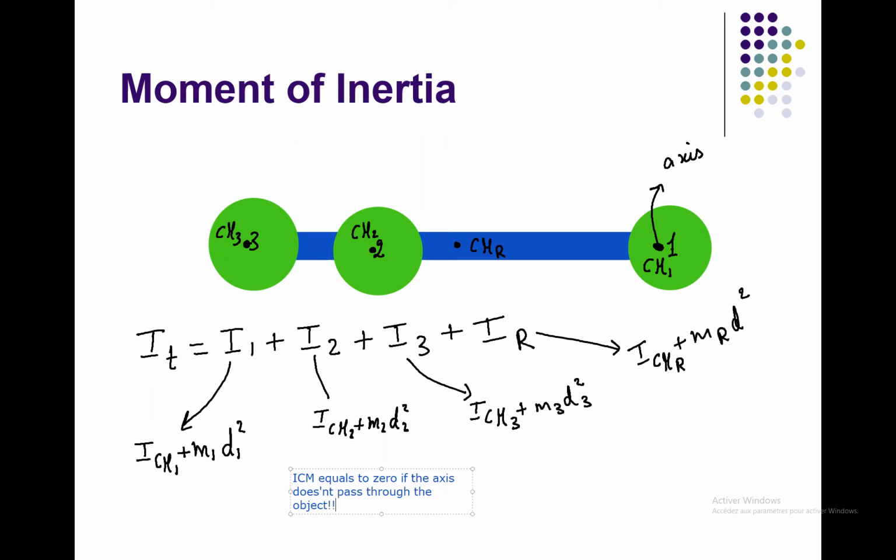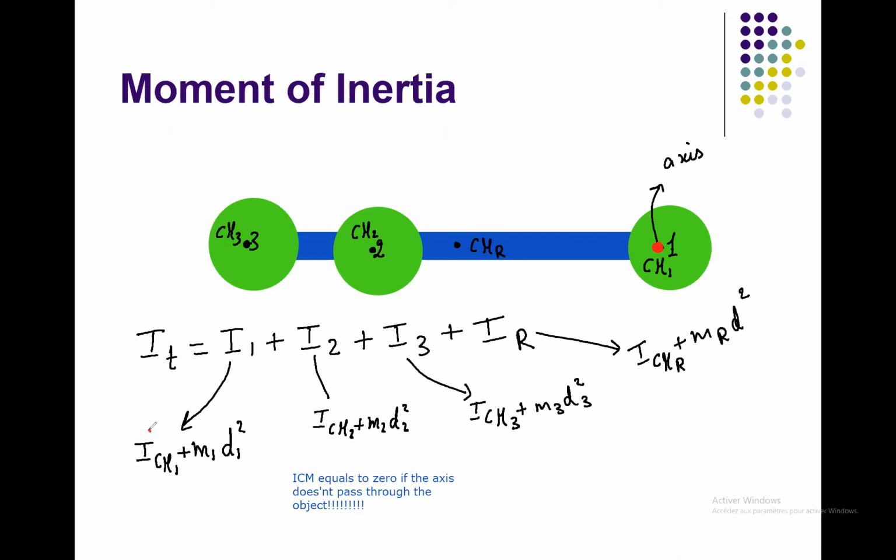It's very important. What I mean is, here the axis is at this point. Look, it's here, the axis. The axis is passing through the ball 1.